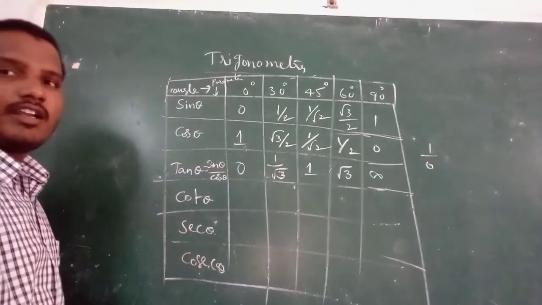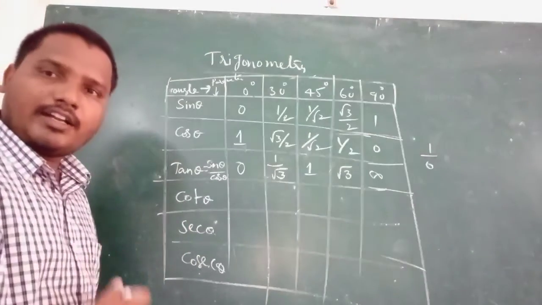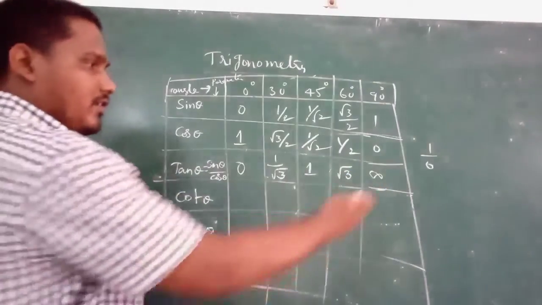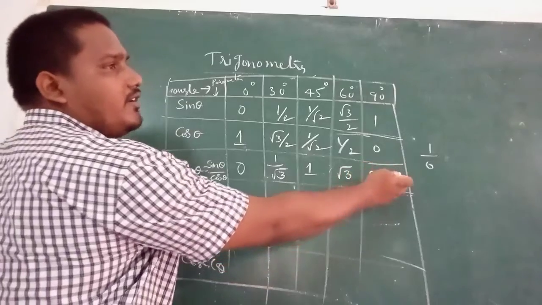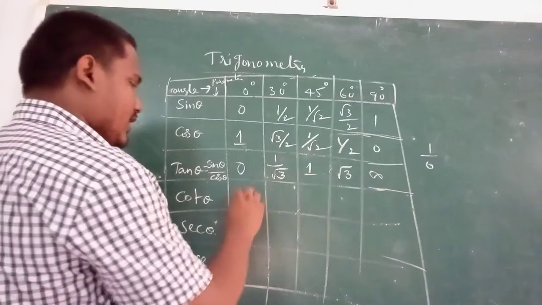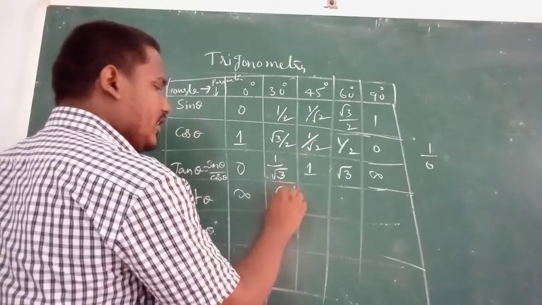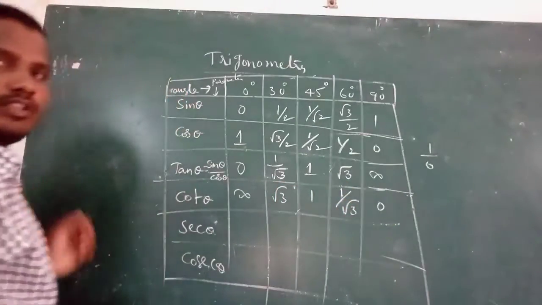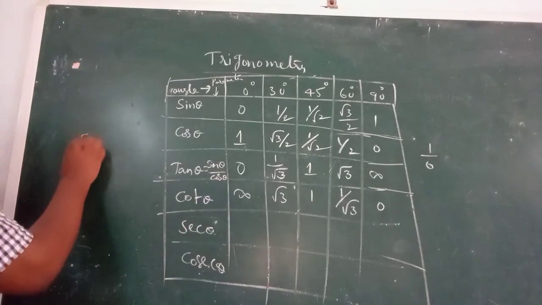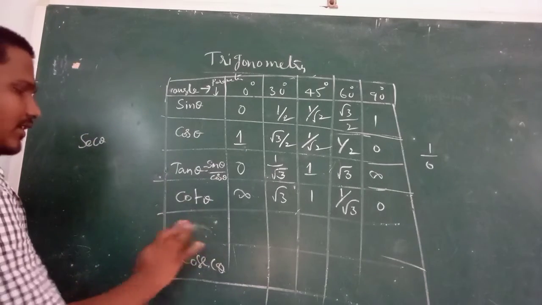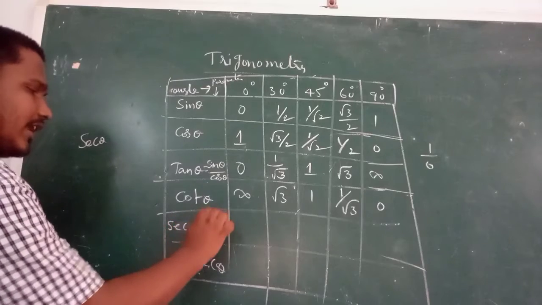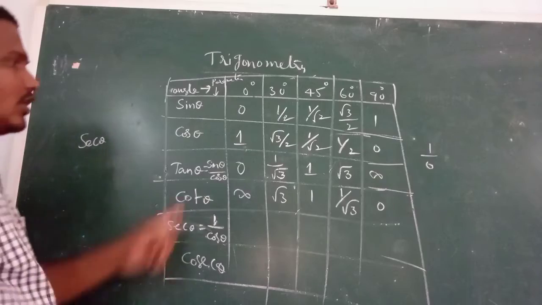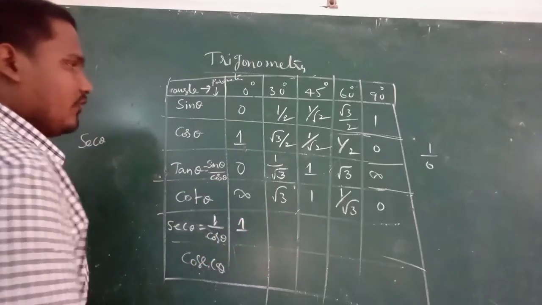What about cot theta? Cot theta is the reciprocal of tan theta. From right to left, values you can write: infinite, root 3, 1, 1 by root 3, 0. Secant theta is the reciprocal of cos theta. So 1 by 1, that is the value of 1.